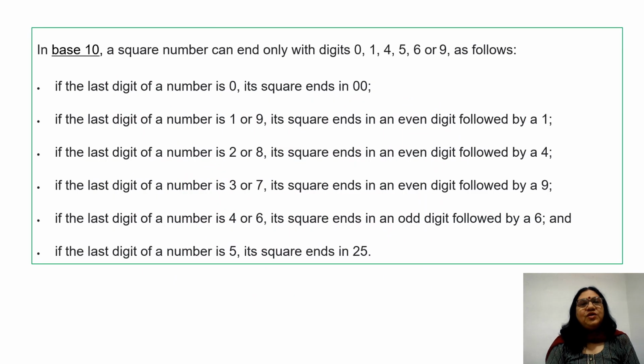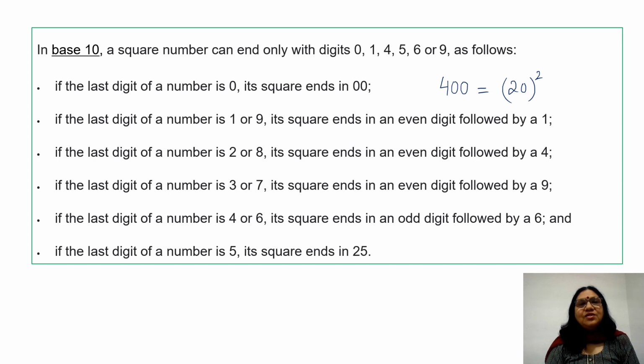So here I have written that in base 10, a square number can end only with digits 0, 1, 4, 5, 6 or 9. The last digit would be 0 if the number ends in 0. For example, if the square ends with 0, 0, this is the perfect square 400. So it means this is the square of a number which is ending in 0.